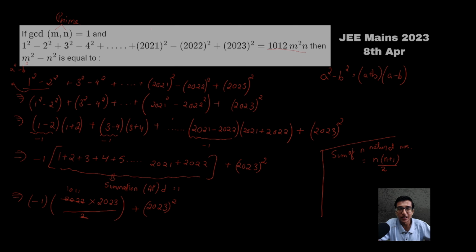And in the question they had already given us that this summation of series is equal to 1012 m square n. So we can write this as 1012 m square n. Now let's solve this. We would get 2023 into 1012. So this and this would get cancelled. So m square n is equal to 2023.